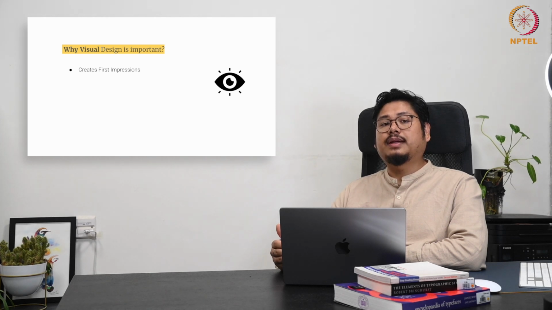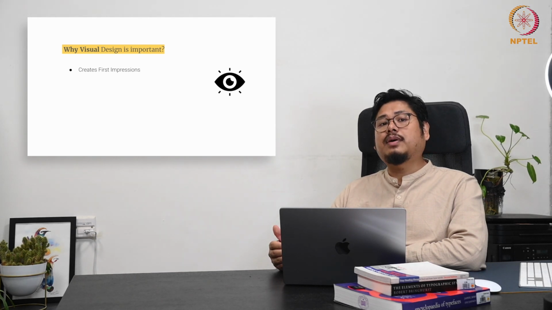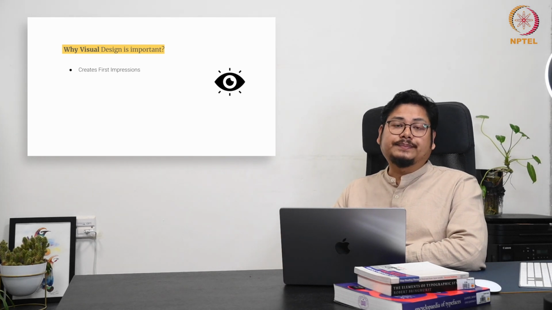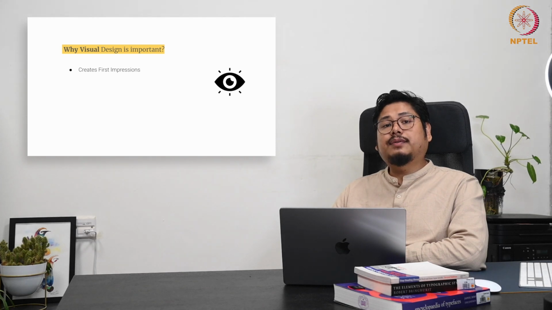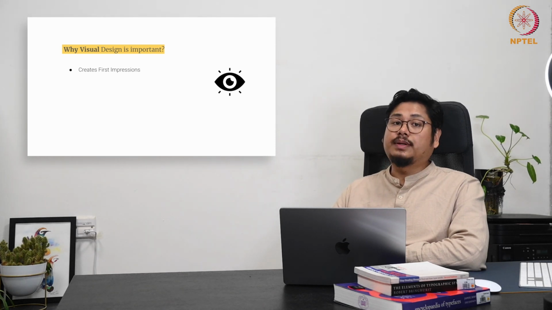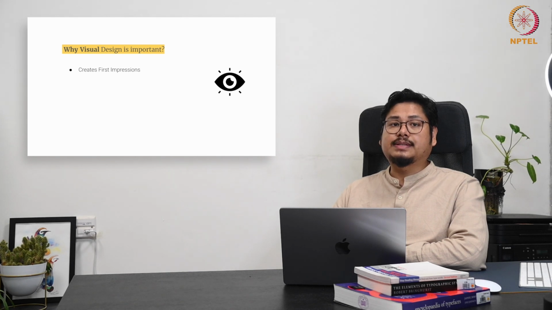Visual design is crucial because it directly affects how users perceive, understand, and interact with a product or a service. It focuses on aesthetics and usability through elements like color, typography, imagery, and layout, aiming to create visually engaging and meaningful experiences.